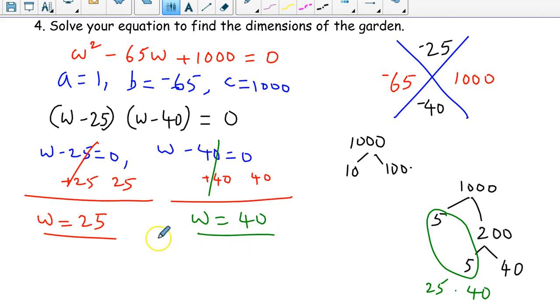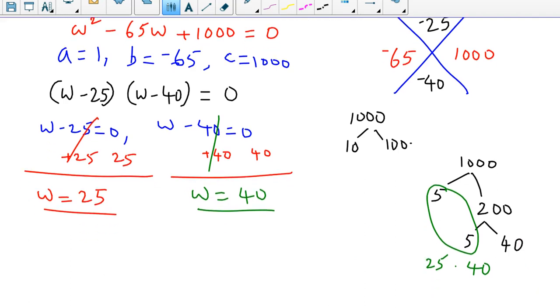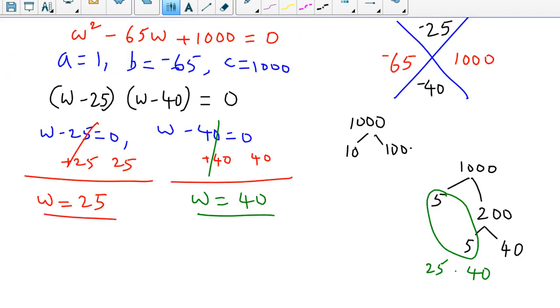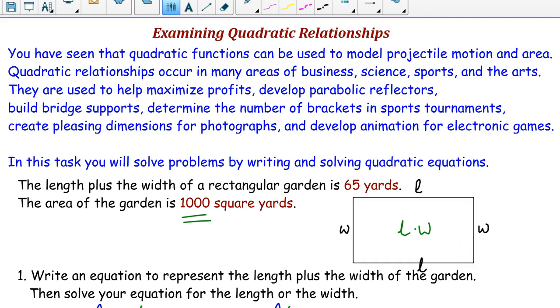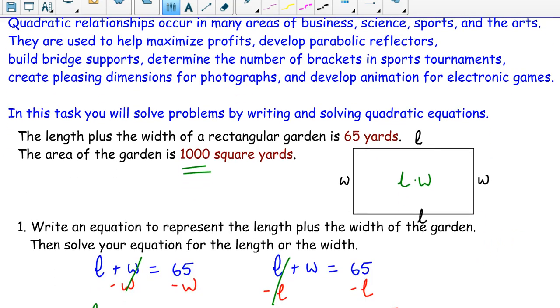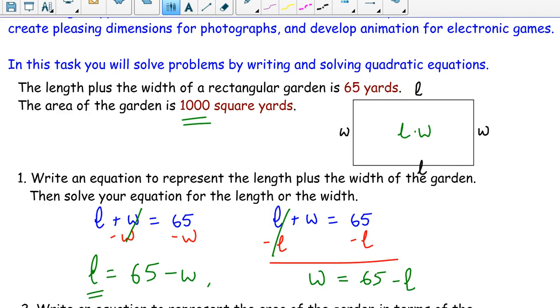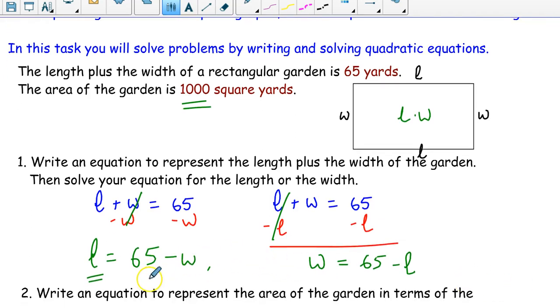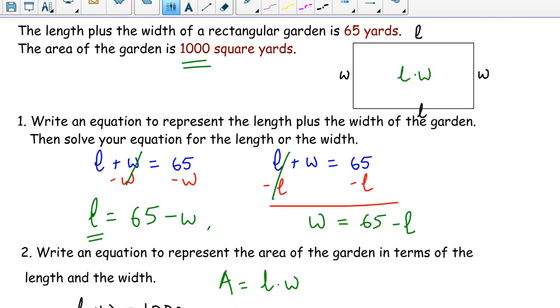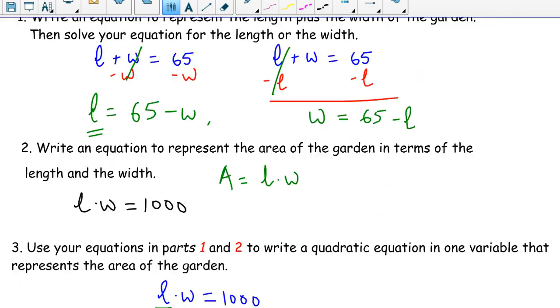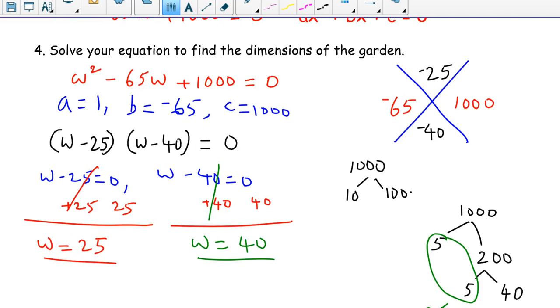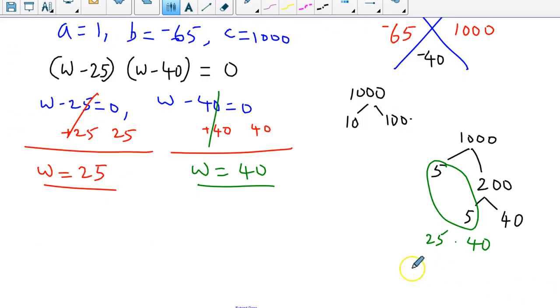So the width of the rectangle is either 25 or 40. Now let me go back up here, where we have the formula for length. Length is equal to what? 65 minus w, right? So let us find the length using those two widths.